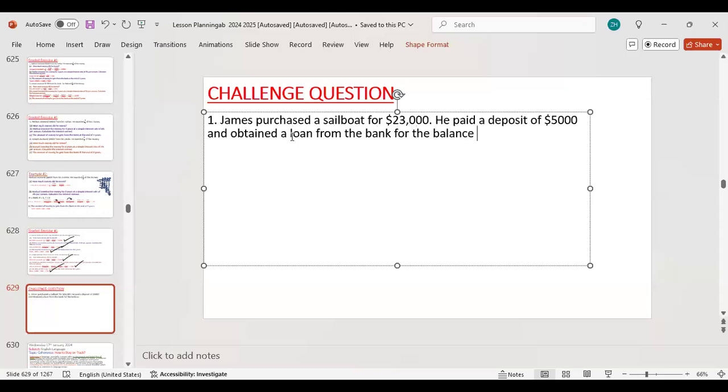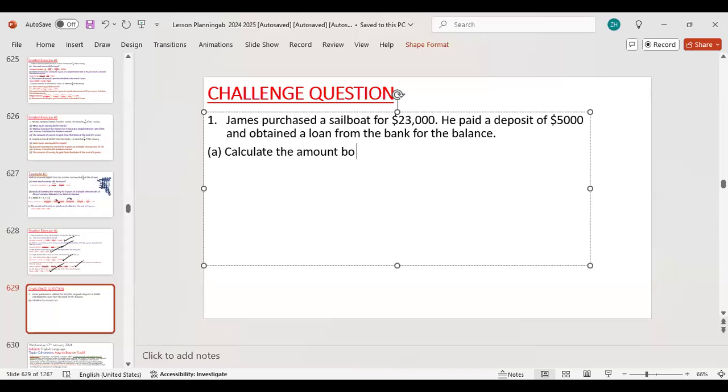Watch how easy it's going to be. Trust me. Calculate the amount borrowed from the bank. Easy question.